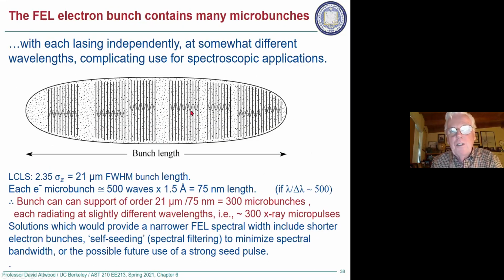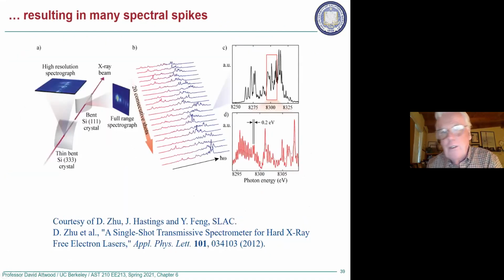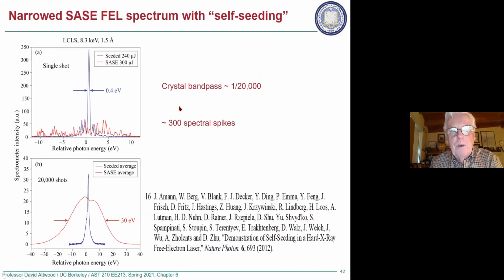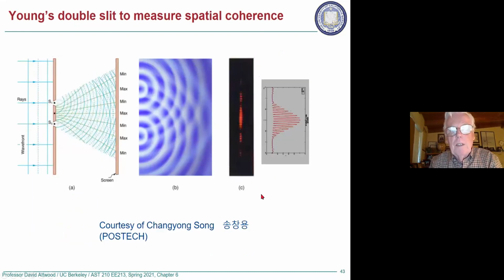If one of these pulses happens to fit the central wavelength set by that diamond crystal, you'll get a great output. But suppose the diamond crystal is set at a wavelength that none of them quite manage, and they just get partially through, then you're going to wind up with gigantic intensity variations. So self-seeding allows you to get a narrow spectrum to do some experiments, but the pulse-to-pulse variation is pretty large.